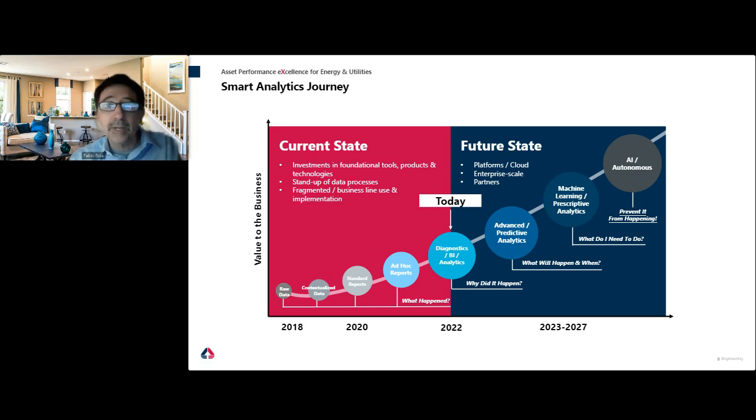Now we are in the journey for the future. What we need to enable with technology is also to support the answer to questions like what will happen and when. So here we are in the predictive space, where we can start using data to predict the future and what I need to do.